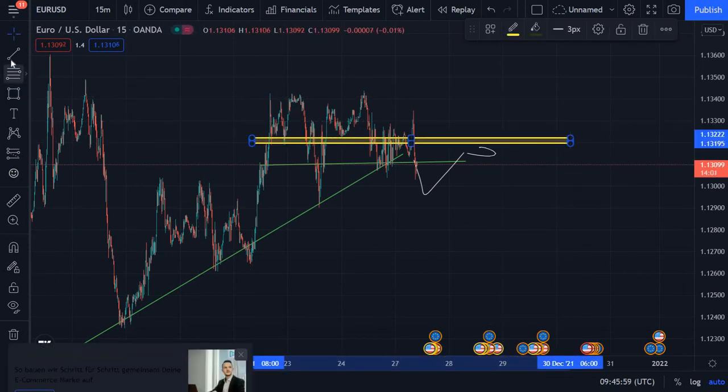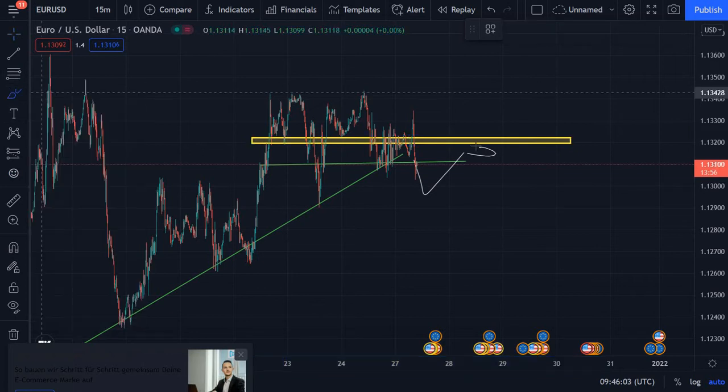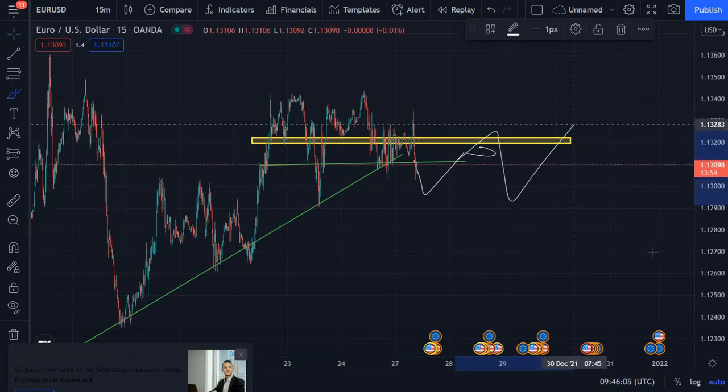And this is where I would look for entries and then target all the way down.